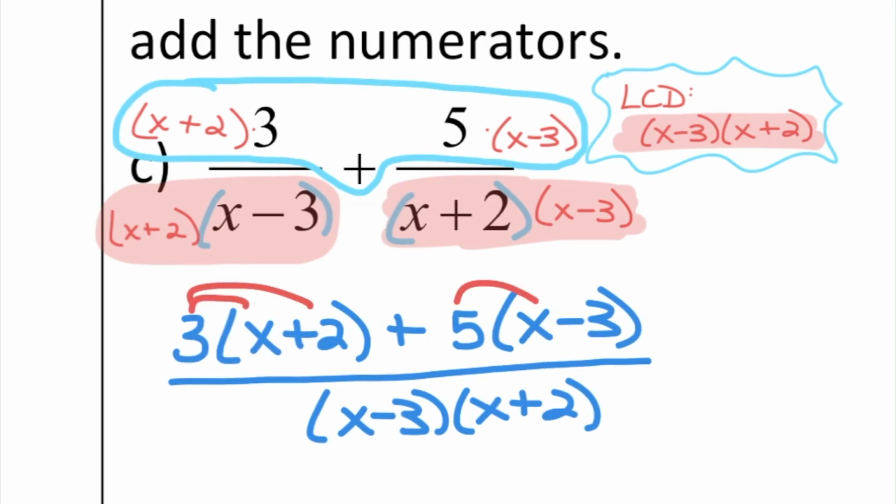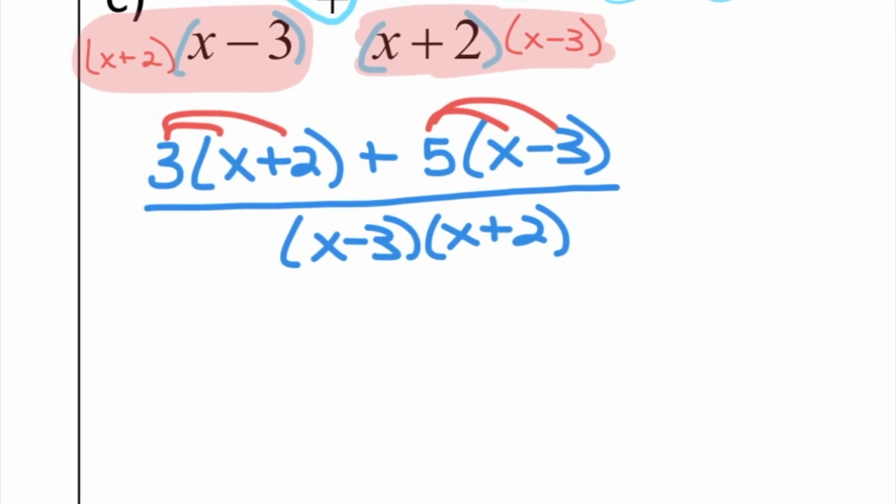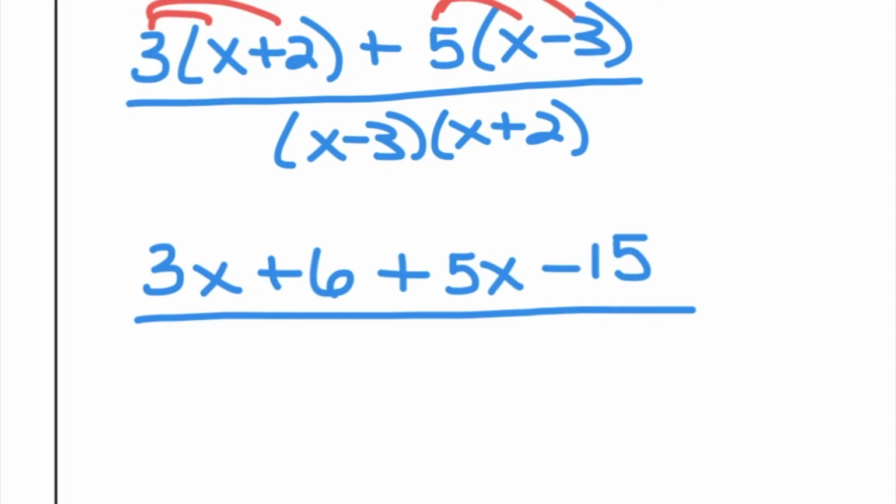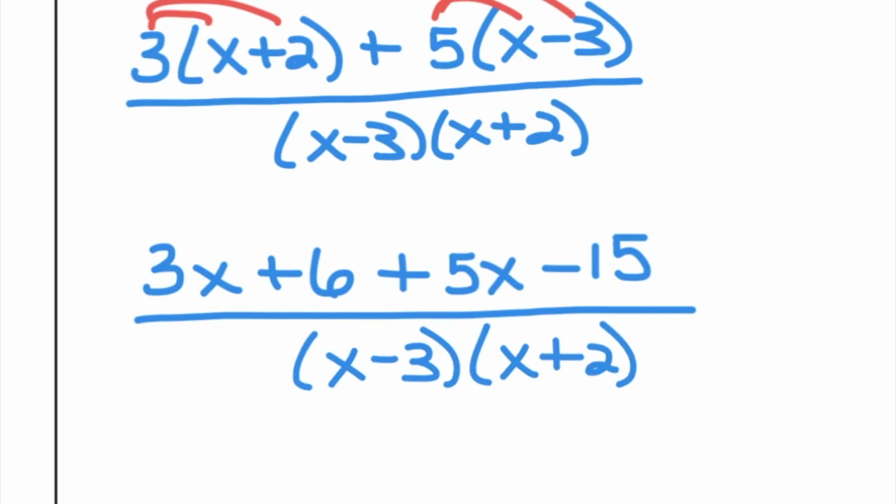To simplify this, I'm going to distribute the 3 and the 5 in the numerator. And so 3x plus 6 plus 5x minus 15. Keep the same least common denominator. You do not need to multiply or FOIL that.